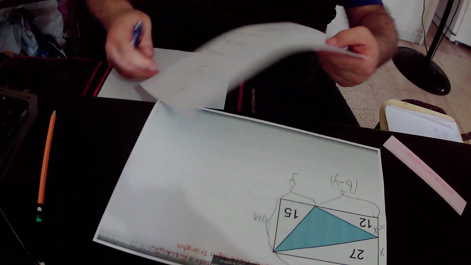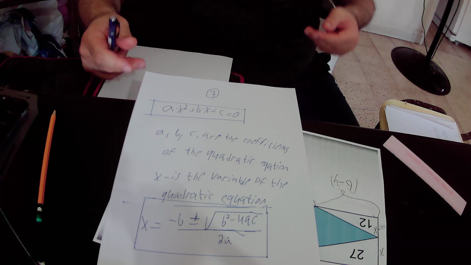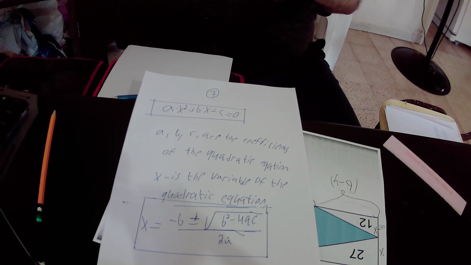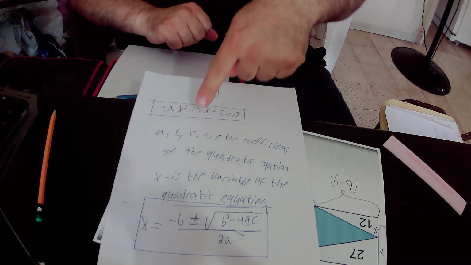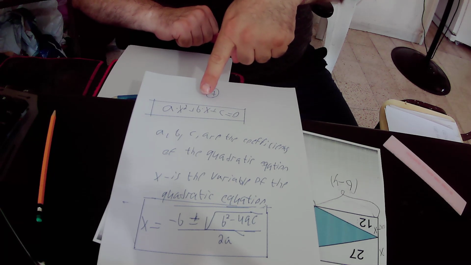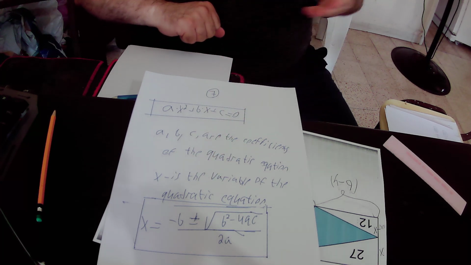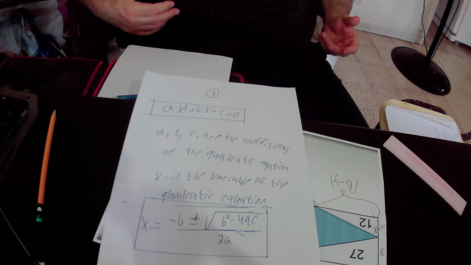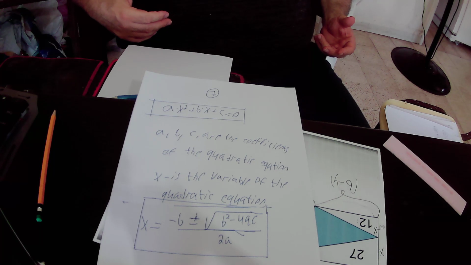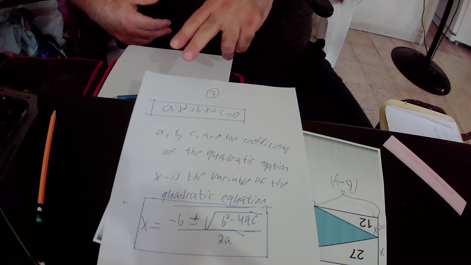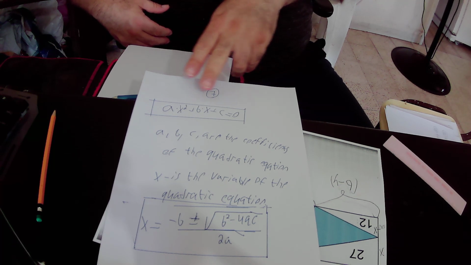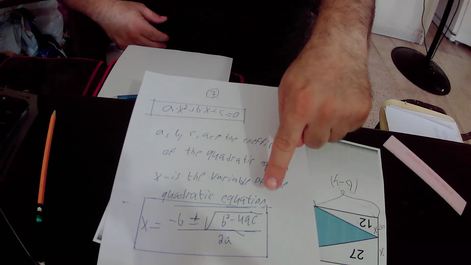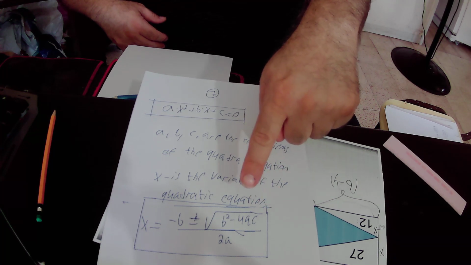So the formula for the variable x is minus b plus minus root of b squared minus 4ac, all divided by 2a. Here b is the coefficient of the quadratic equation, and plus minus implies that there can be two solutions for x, or two roots.